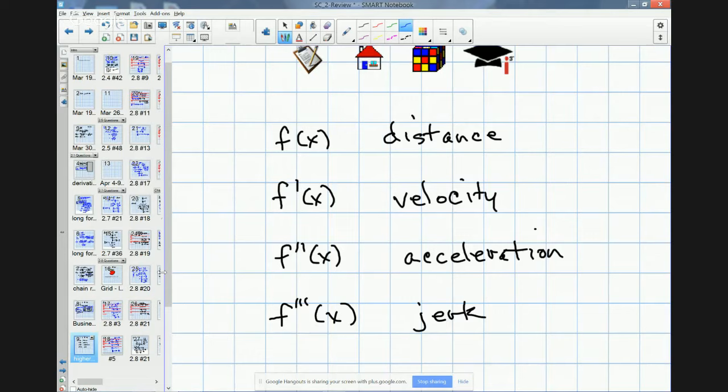Second derivative, acceleration. Those are the ones you really need to know. I doubt I would bring up the bottom one there, but the third derivative is sometimes called a jerk. Whiplash, another way to look at it. So I wanted to just take a few moments to look at those.